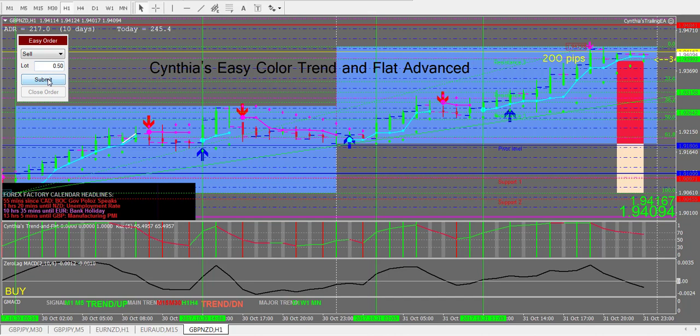Once I click submit, what happens is that my order is immediately placed on the broker. It'll show up down here in my terminal, and it'll already have my take profit and my stop loss included in the order. So I don't have to mess around with the very clumsy MT4 trade placement that's part of the MT4 platform.